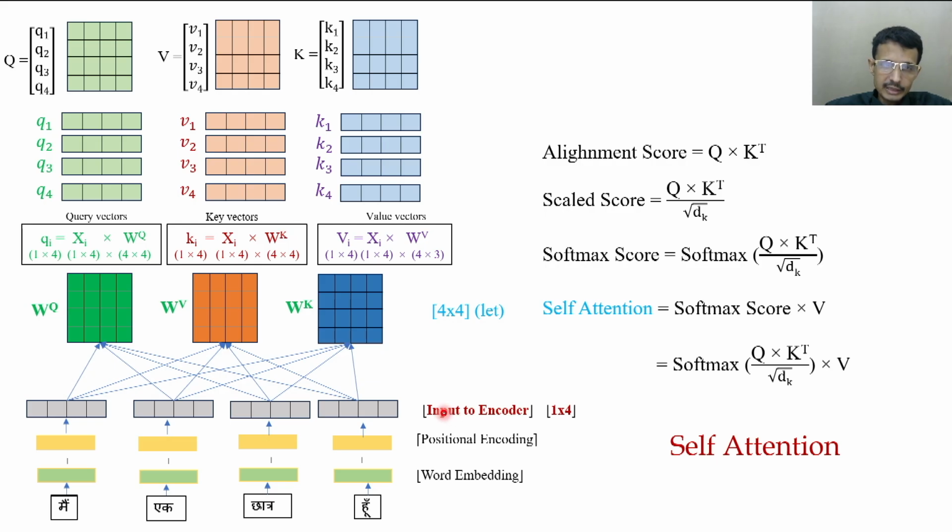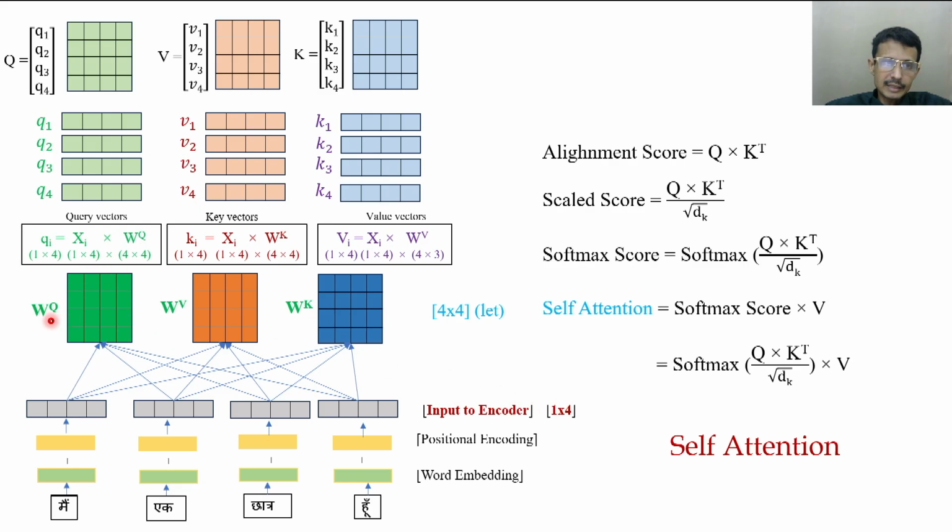Here we assume, for simple understanding, that the dimension of these embedding vectors, which combine the word embedding as well as the positional encoding, is 1 by 4. This is just a very hypothetical example.